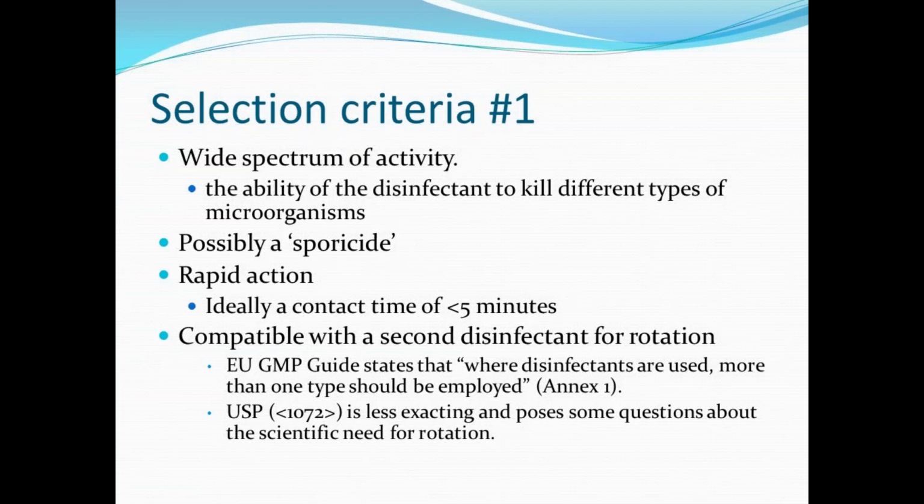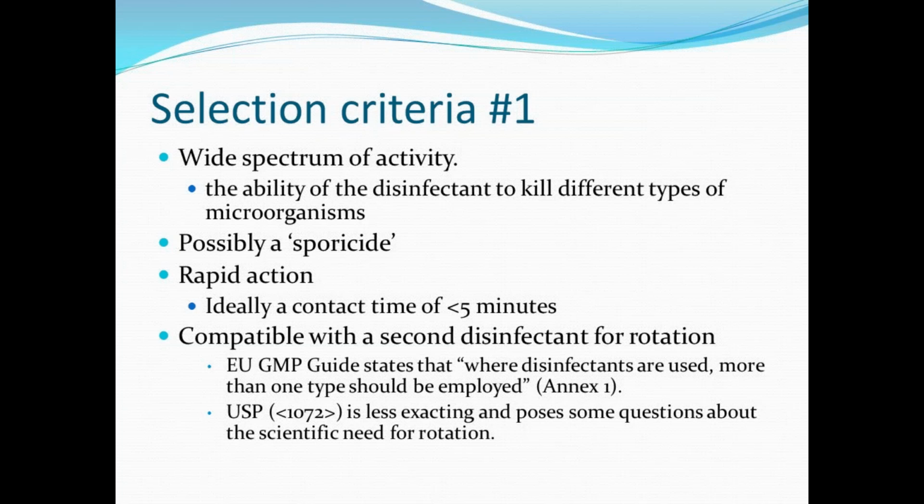So when selecting a disinfectant for use in a clean room, what do we need to think about? Well, in most cases, we want to have a wide spectrum of activity. So that means you want the disinfectant to kill as big a range of different microorganisms as possible. We may want to use a sporicide, or certainly may want to use a sporicide on some kind of rotational basis.